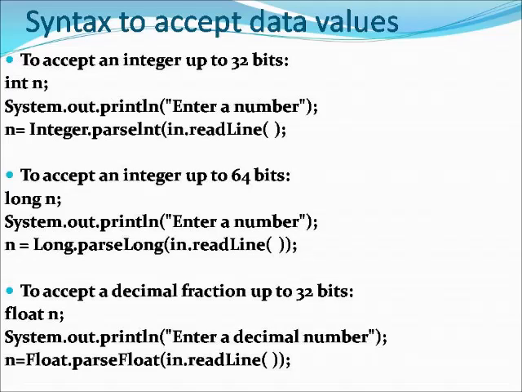When we use that class to accept the input, it accepts the input in the form of a string. For that purpose, we convert our input into our desired type. For example, if I want to accept the input in integer form, I use Integer.parseInt. Suppose I want it in long form, I use Long.parseLong.